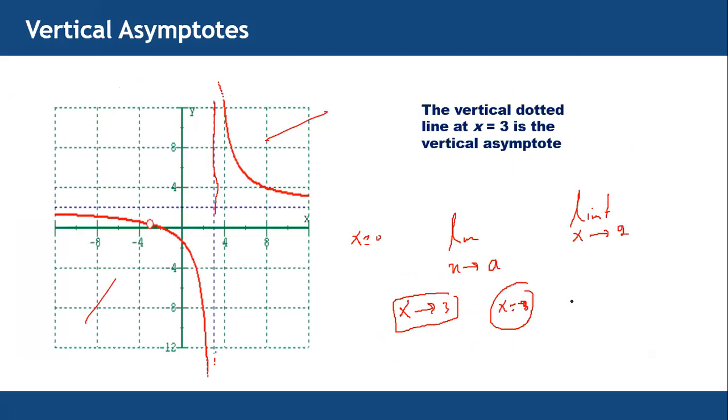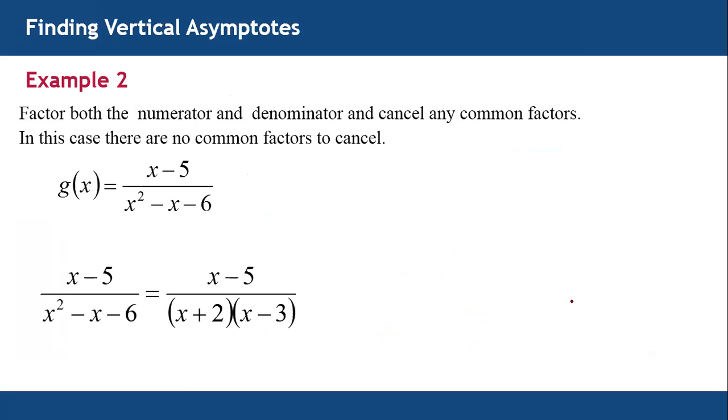Now in the next example, which is the last example, we have x minus 5 divided by x square minus x minus 6. How can we find the domain? Simply factorize or simplify. If not, you can use the quadratic formula.